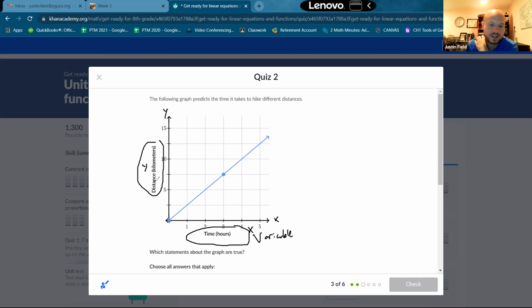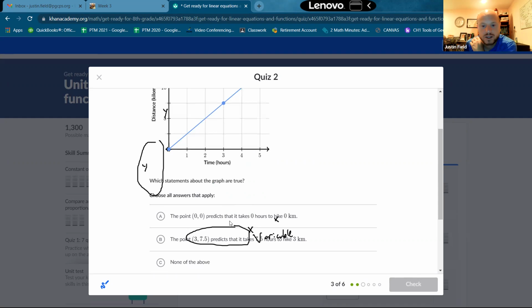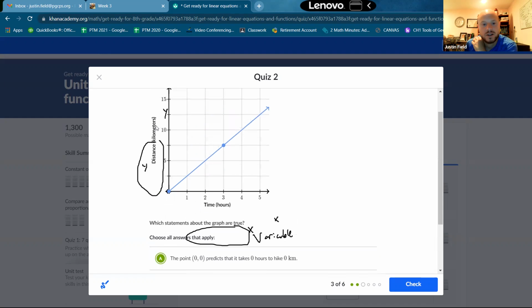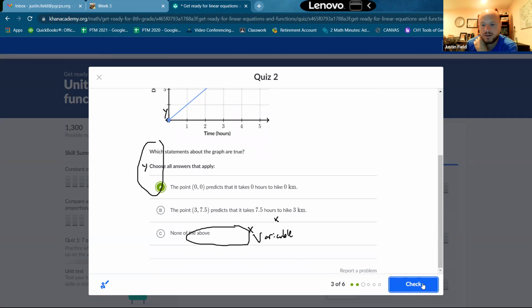So y represents distance in kilometers and x represents time in hours. Isn't that great? Whenever you have an algebraic equation, the first thing you want to do is define your variables. If they give you a graph, it's done for you. So (0, 0) predicts it takes 0 hours to hike 0 kilometers? Yes. The point (3, 7.5) predicts that it takes 7.5 hours. No, 7.5 is kilometers, so no. So just A.